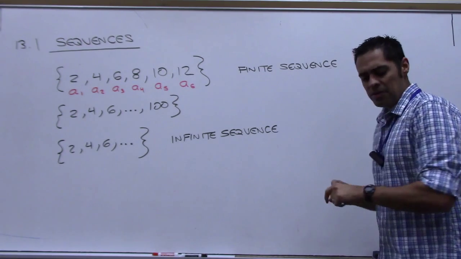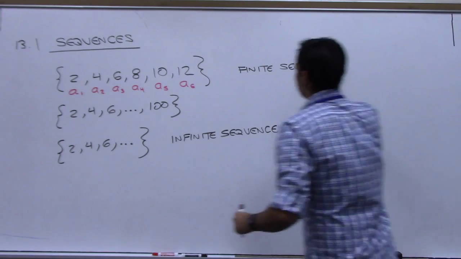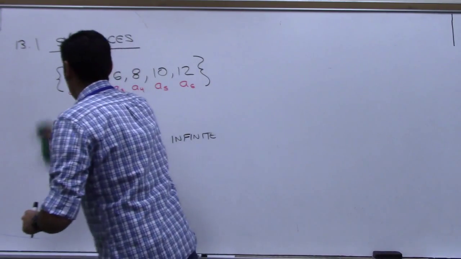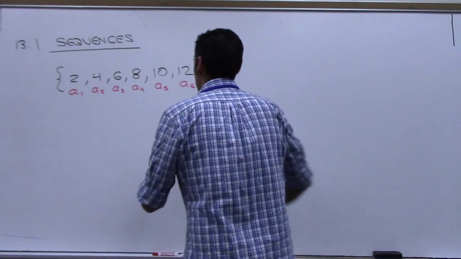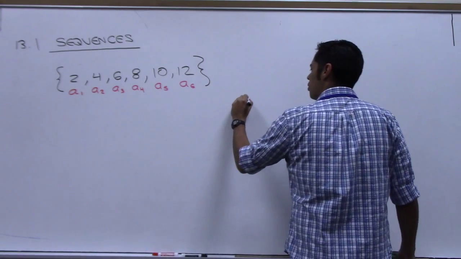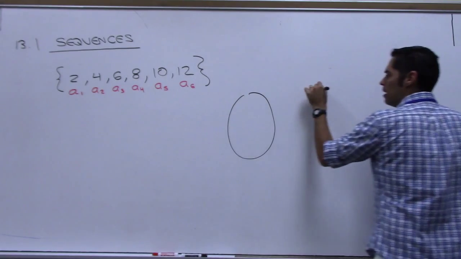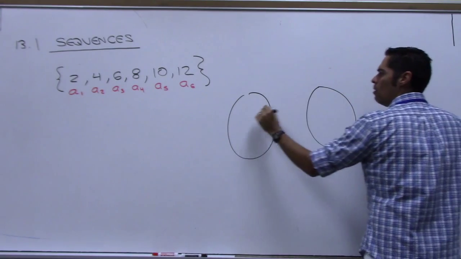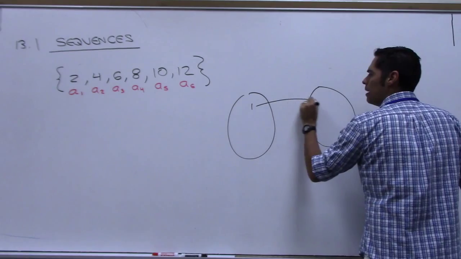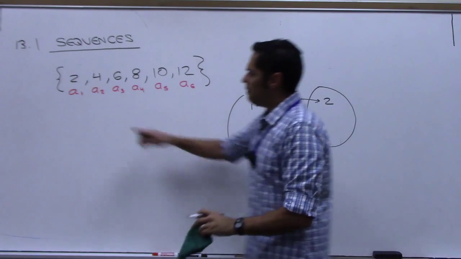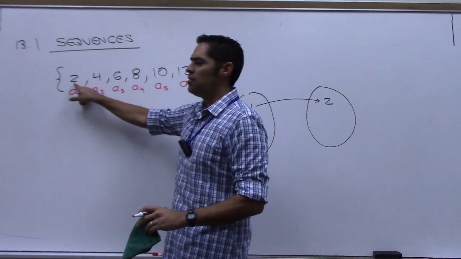Let's focus our attention just on this one. Maybe there's a way that I can come up with a function where I plug in 1 and it spits out 2, because the first number in my sequence needs to be a 2.